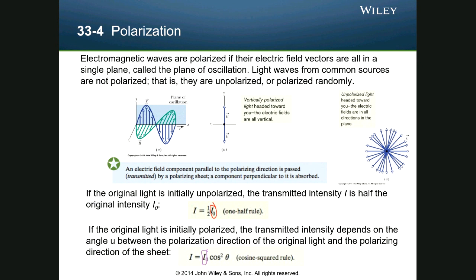So you have your red I naught and your purple I naught. Your red I naught is your unpolarized intensity. Your purple I naught is actually more connected with this initial polarized I. So you really want to be careful when you're solving these problems or working through polarization.